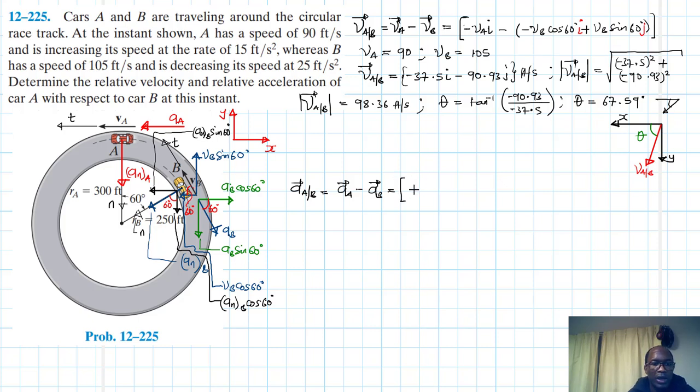For A, we have minus AA i and minus AN j, for this part and this part.